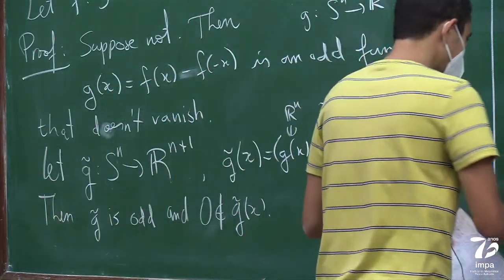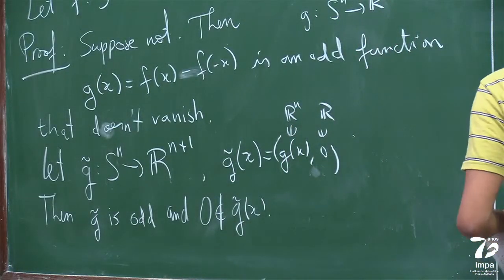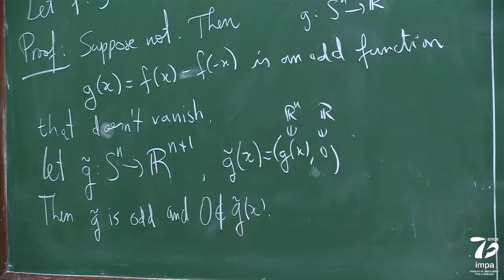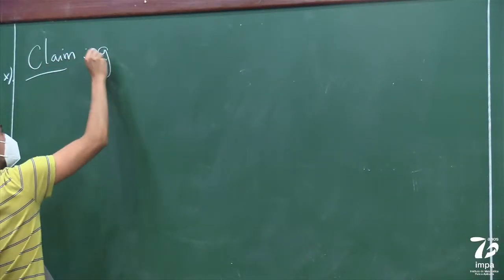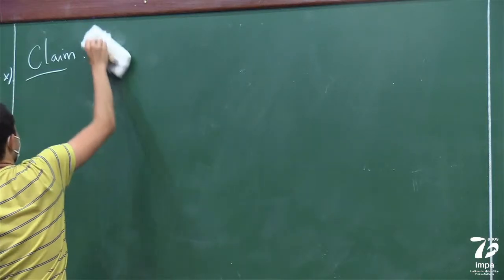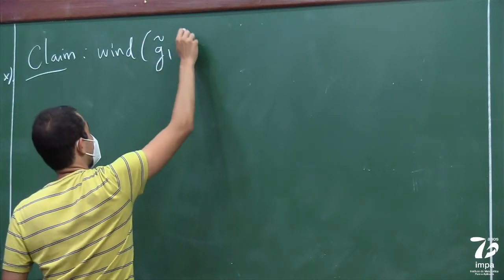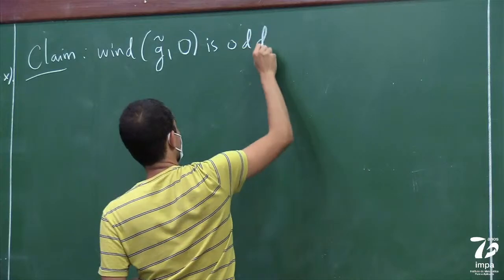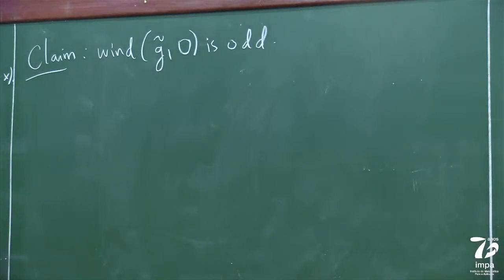So the claim is that the winding number of g tilde with respect to 0 is odd. Okay? And we'll show the claim in a little bit. But let's suppose the claim, and let's see how we get a contradiction with this fact.